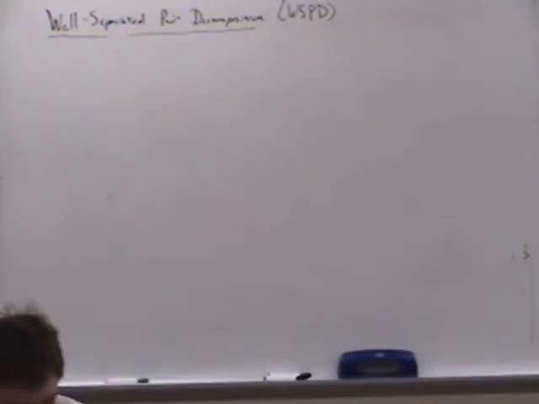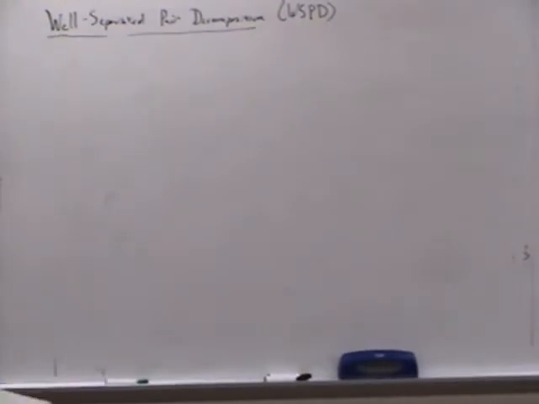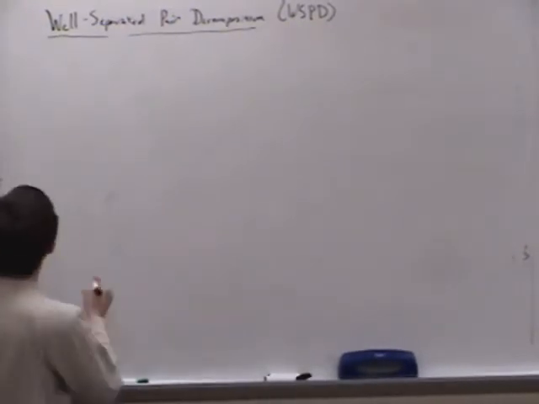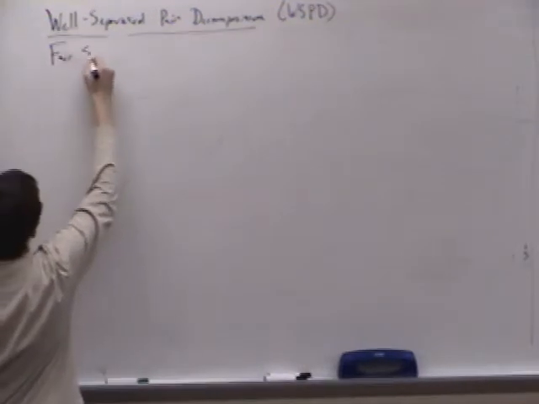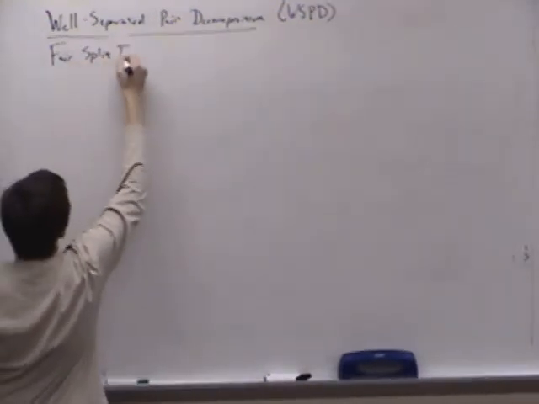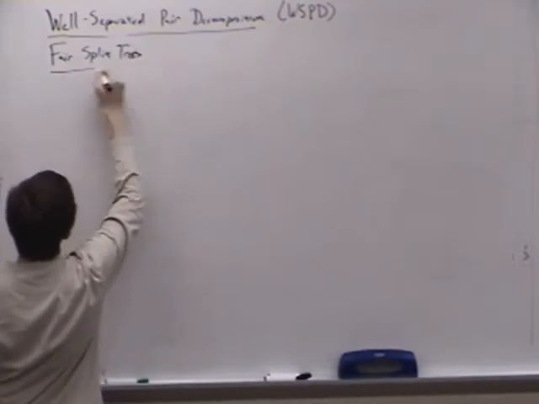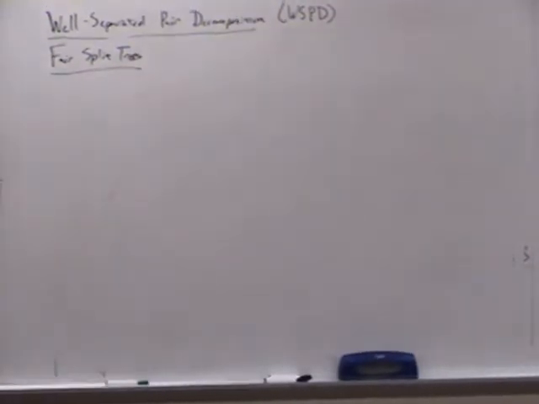So the first way to do this is we're going to build these with fair split trees. We'll see first how to build fair split trees in a very naive, somewhat slow way.